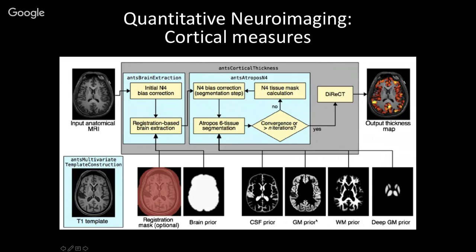By taking that segmented gray matter, we're then able to provide a numerical interrogation of the information available on that extracted gray matter, to come up with estimations of cortical thickness and cortical density as well.